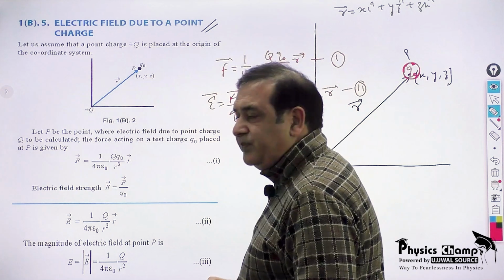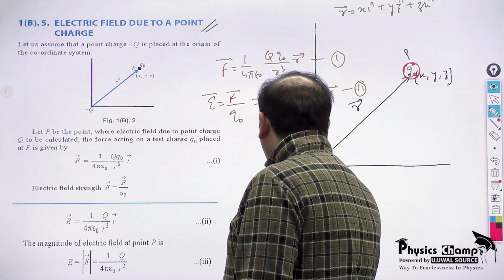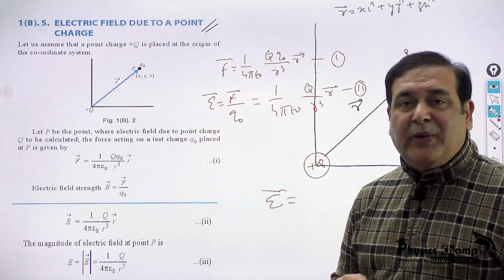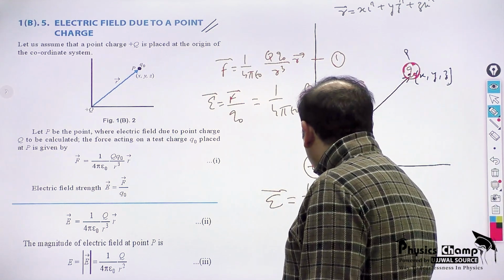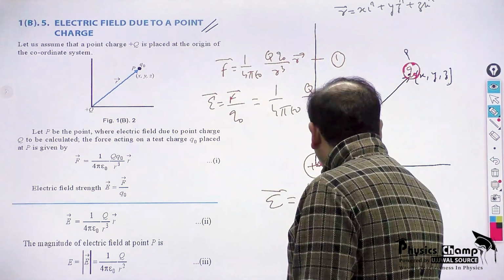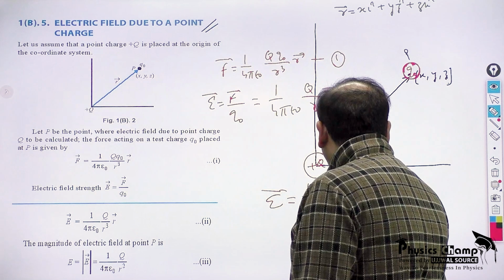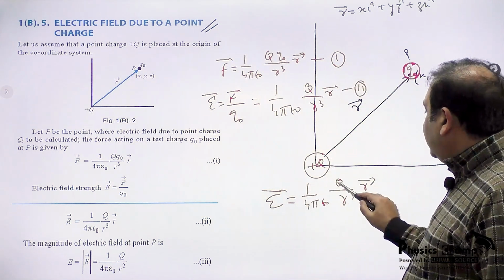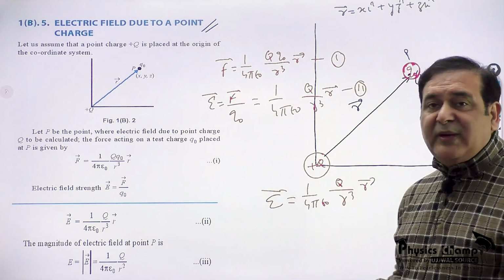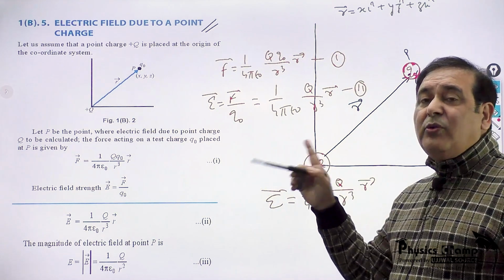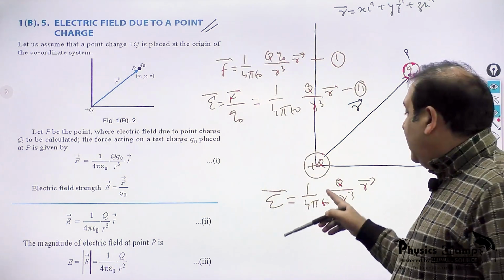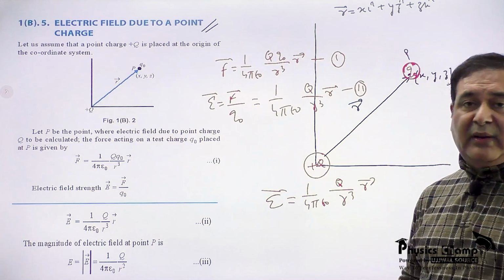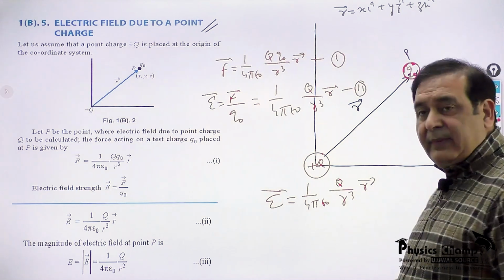So I am getting the standard formula for the electric field at a point P due to a point charge, and that is 1 by 4 pi epsilon naught q by r cube into r vector. The difference from Coulomb force was it was q naught by r cube, but the electric field due to this charge q will be q by r cube into r vector at a position r.